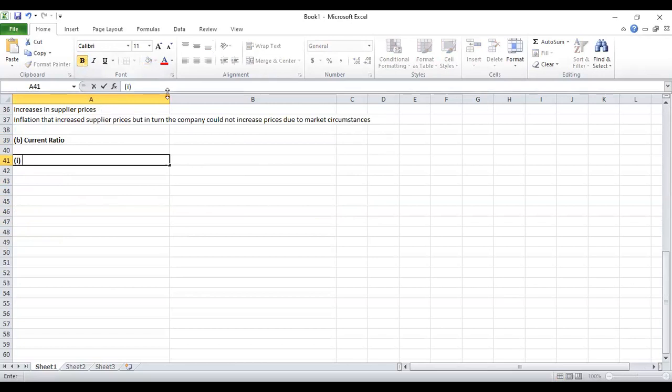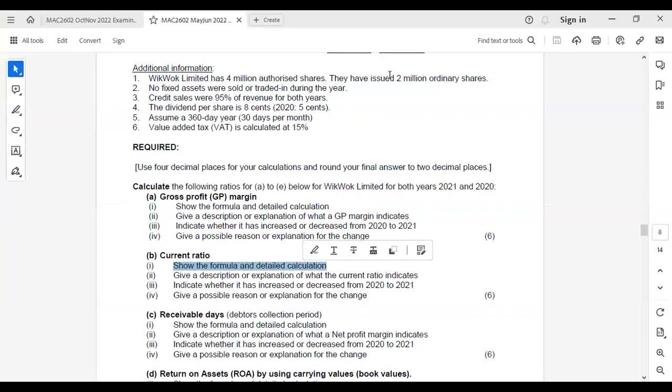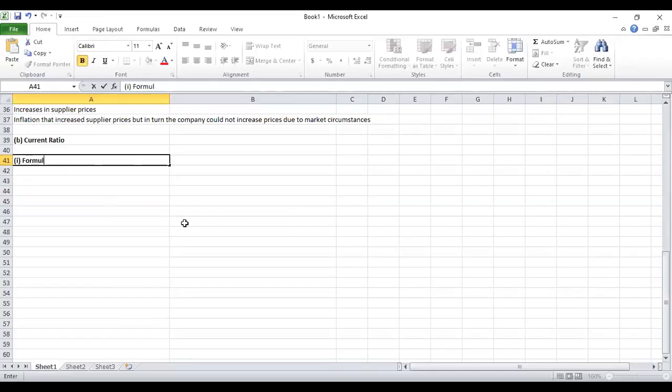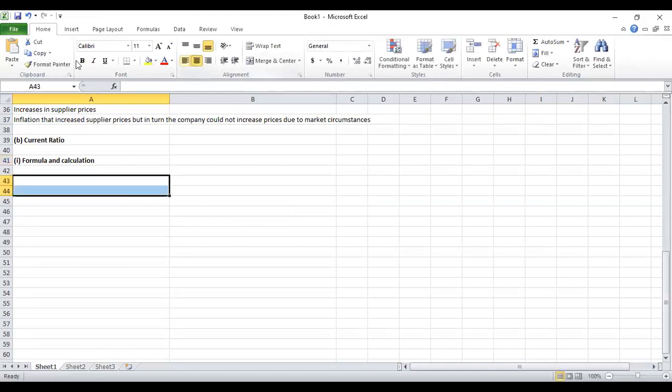Right. First of all, they want us to show the formula and the detailed calculation. Our formula is current assets over current liabilities.